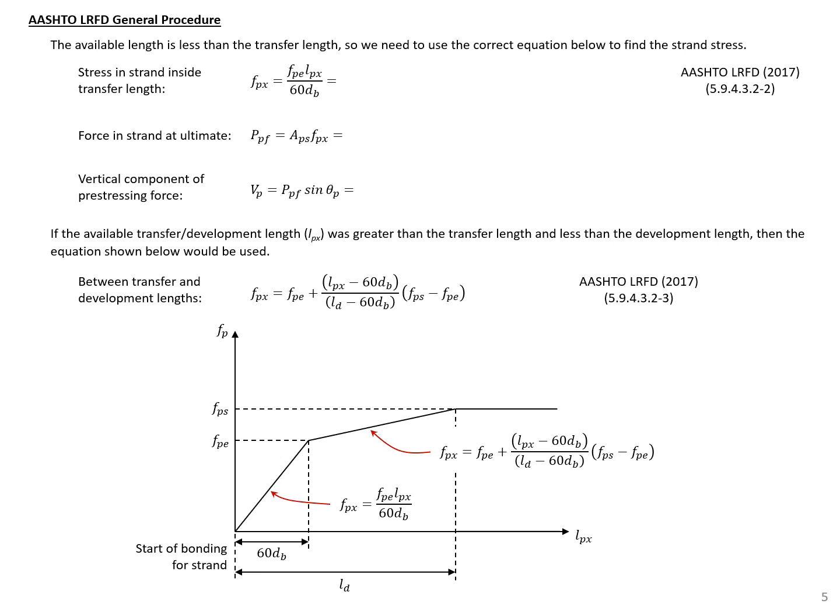Because we're inside the transfer length, we'll use the AASHTO expression shown here to calculate our actual strand stress. So for us, we'll have an effective prestress of 150 ksi. This is after all losses, and an lpx, an available transfer length of 28 inches, divided by 60 times 0.5, which will give us a value here of 140 ksi.